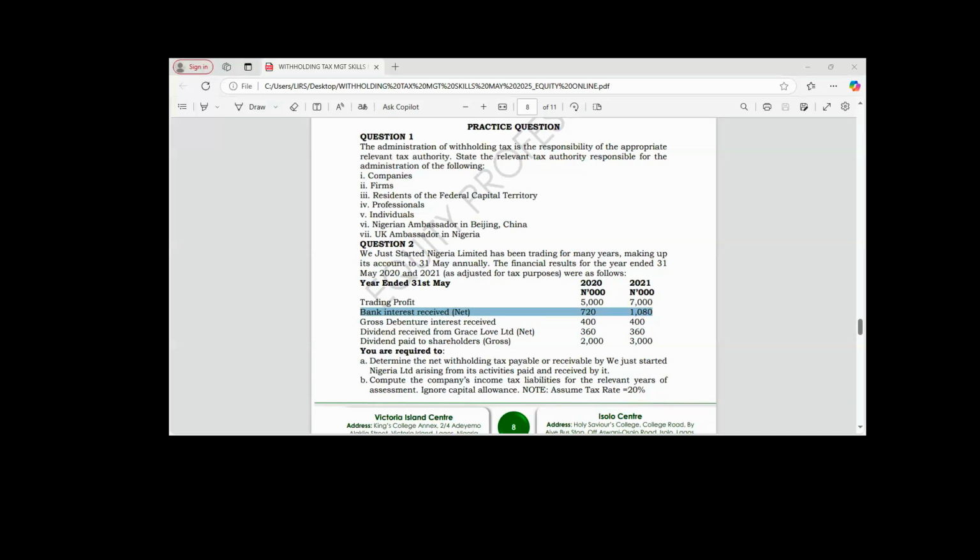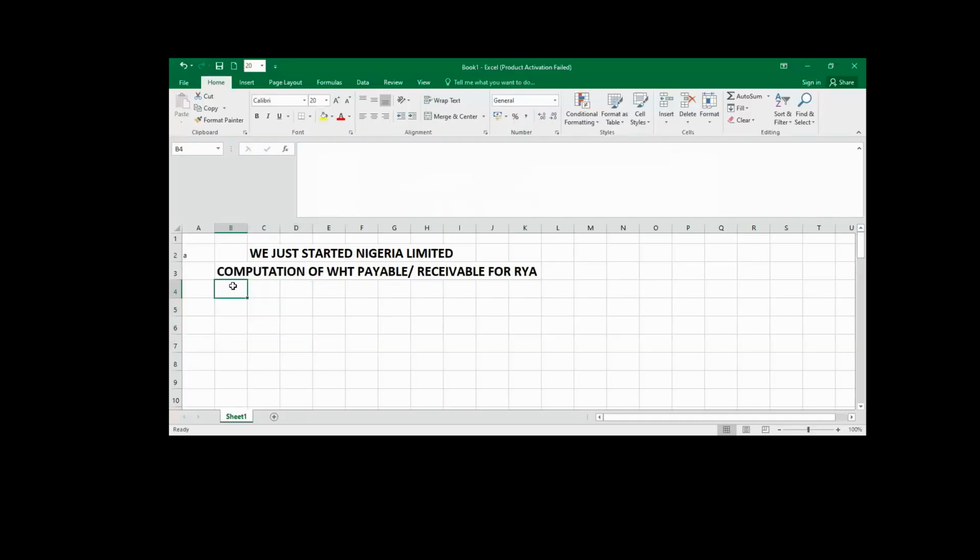So let me now share my Excel. I have my withholding tax receivable, in which we have 2 years, 2020 and 2021.